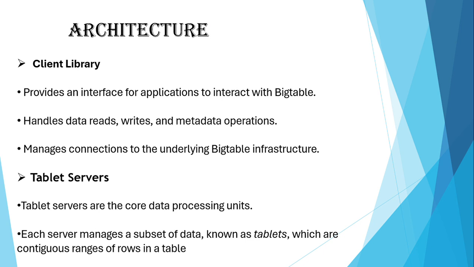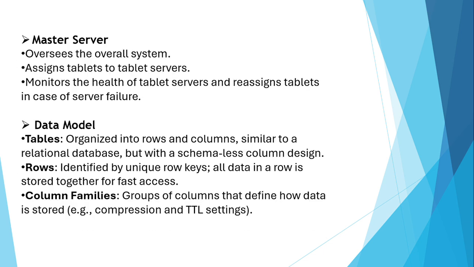Tablet servers are the core data processing unit. Each server manages a subset of data known as tablets, which are contiguous ranges of rows in a table. The master server oversees the overall system, assigns tablets to tablet servers, monitors the health of tablet servers, and reassigns tablets in case of server failure.